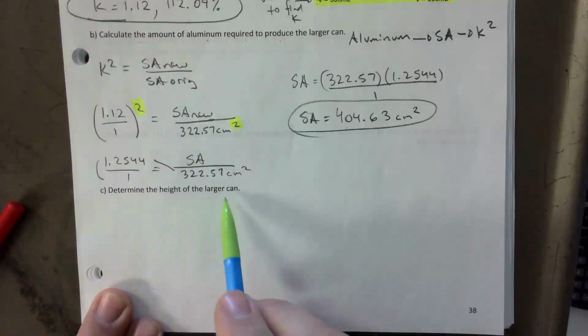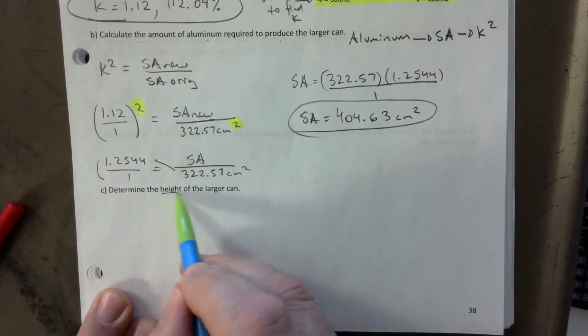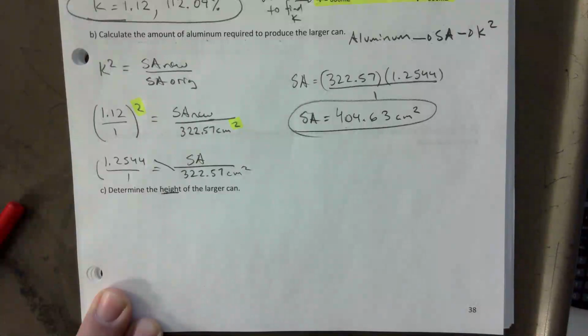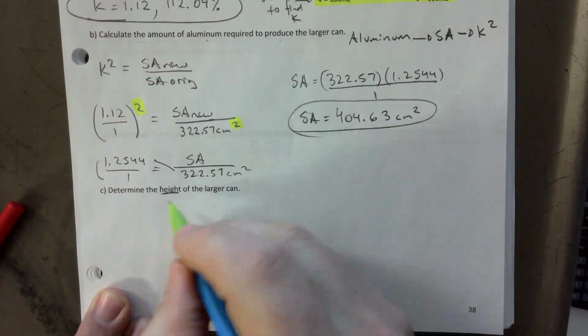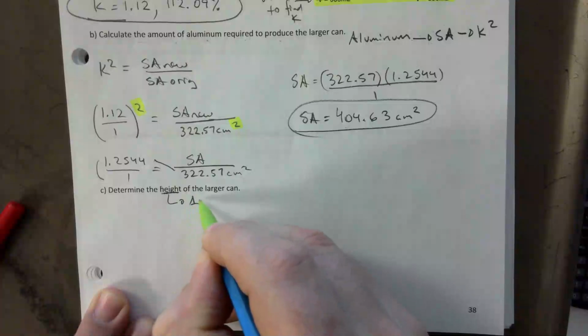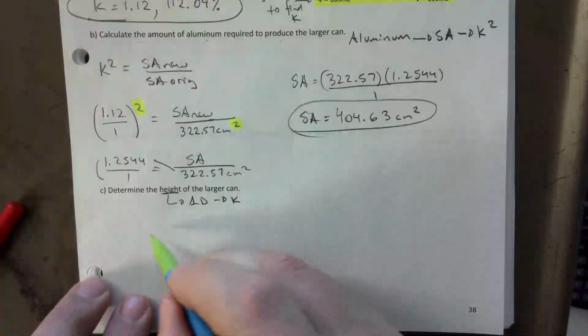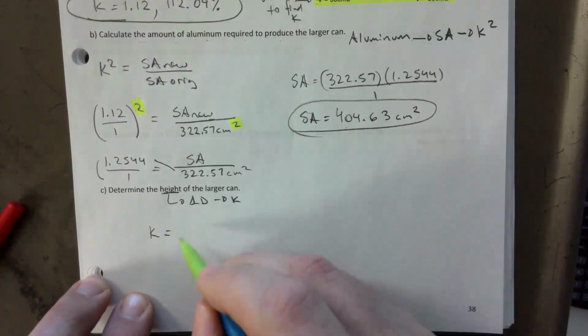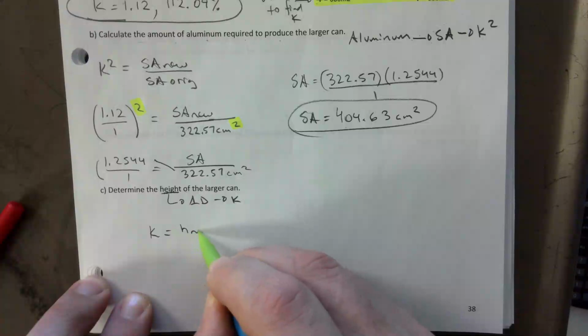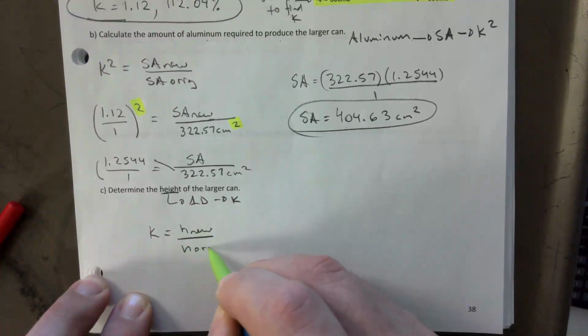C, determine the height of the larger can. If you're talking height, is it one-dimensional, two-dimensional, three-dimensional? Just one-dimensional, right? It's just length or height or something. So this is just 1D, so it's just K. That's it. So you use this one. K is equal to, we can do height of new over height of original.